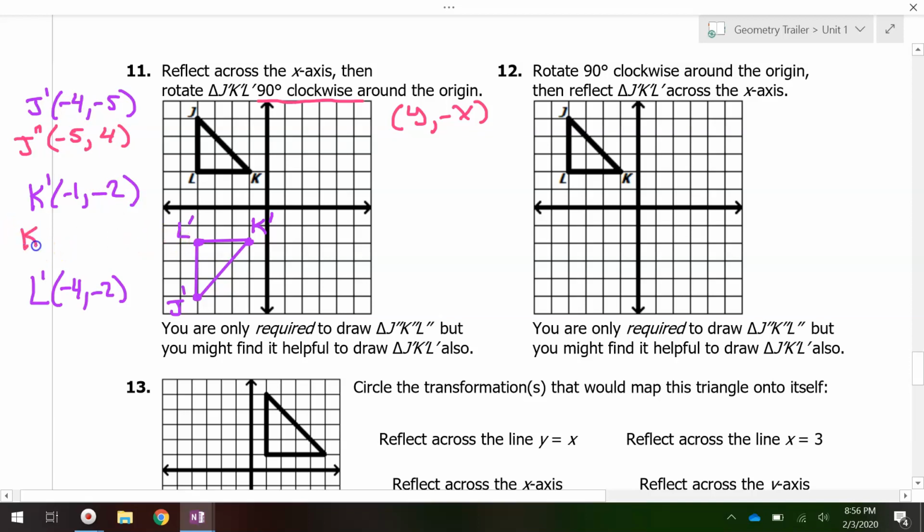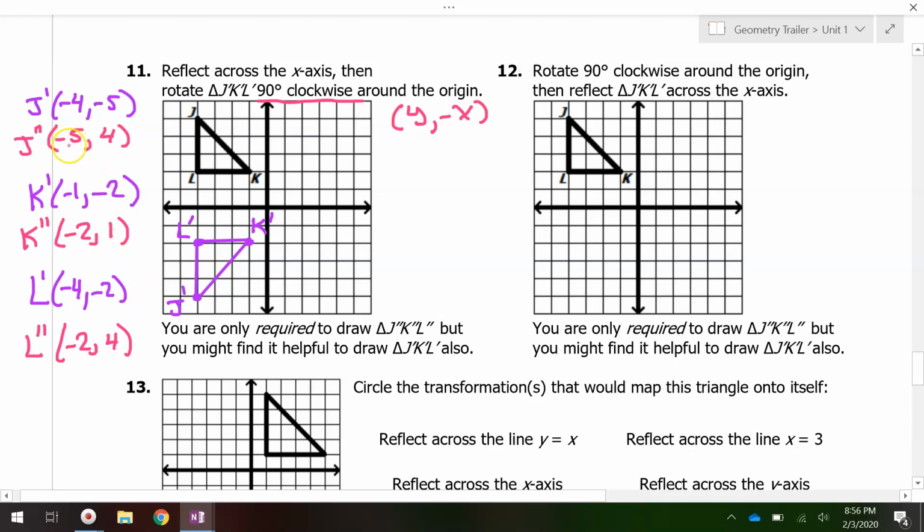Same thing for K double prime: y, opposite of x, so y is -2, and the opposite of x is +1. And we'll do the same thing one more time for L double prime. Again, y, opposite of x. y is -2. The opposite of x is +4. So this is really going to be the final answer.